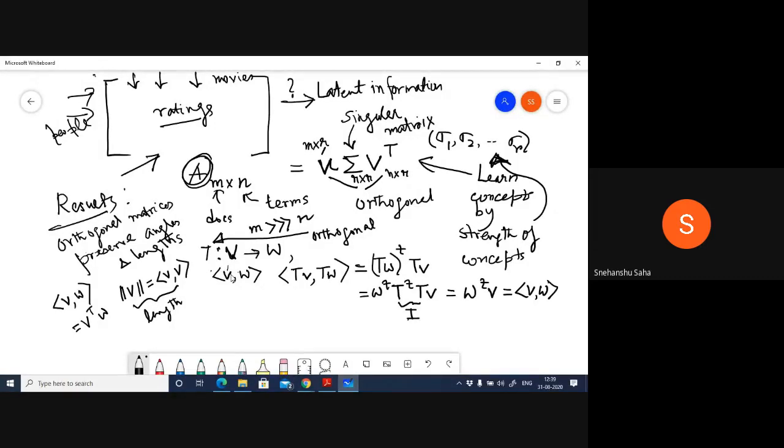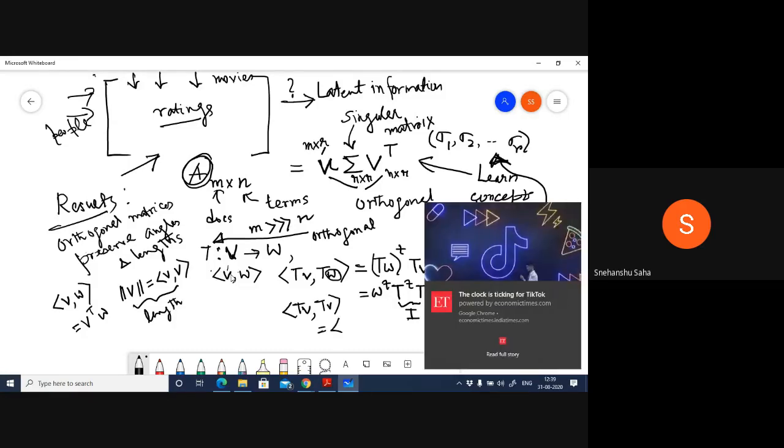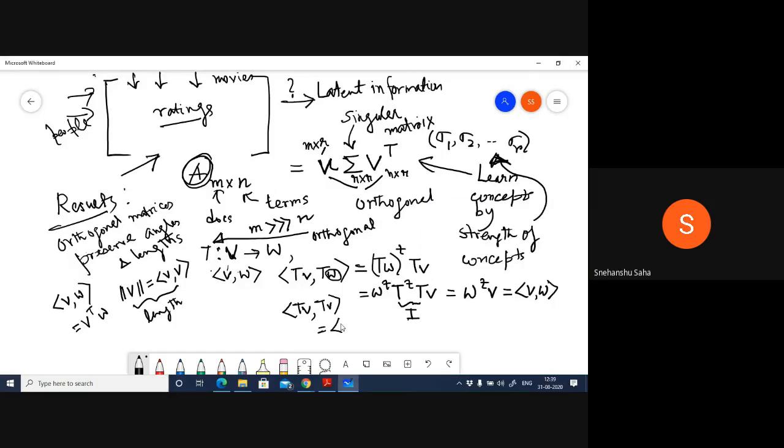What it also means is that if I replace this W with V, which means I take the inner product of a linear transformation with itself, I can simply use this property and replace W with V as well. So this is just VV. Now, what is this guy?